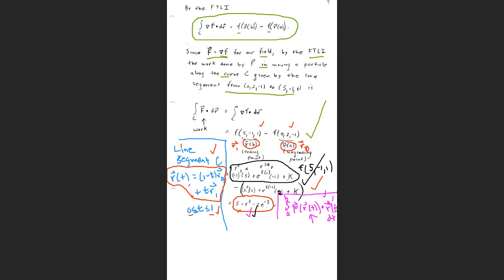And then you are subtracting this quantity here. That's just f of (0, 2, -1). Okay, that's what you're doing. So you plug in the x, y, and z where they go in the potential function and evaluate. In this case, you notice things cancel out because you are subtracting the values.